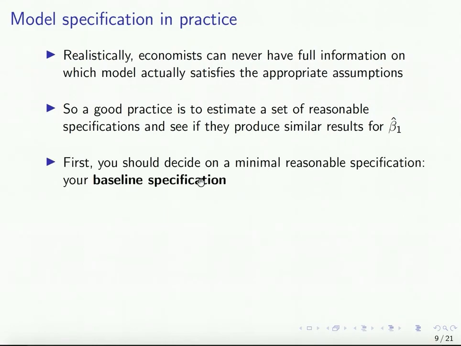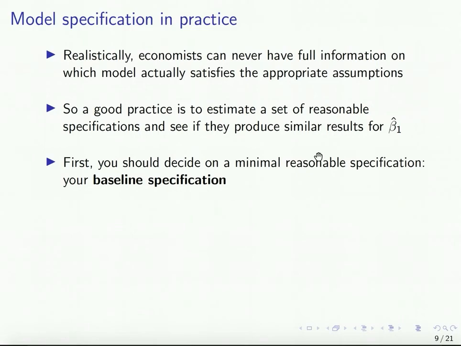First, you're going to show us what you're going to call a baseline specification. That's the specification, usually already a multiple regression model, that has the minimum set of controls you think are needed to get a beta 1 hat that is respecting assumption 1, and specifically the conditional mean independence.